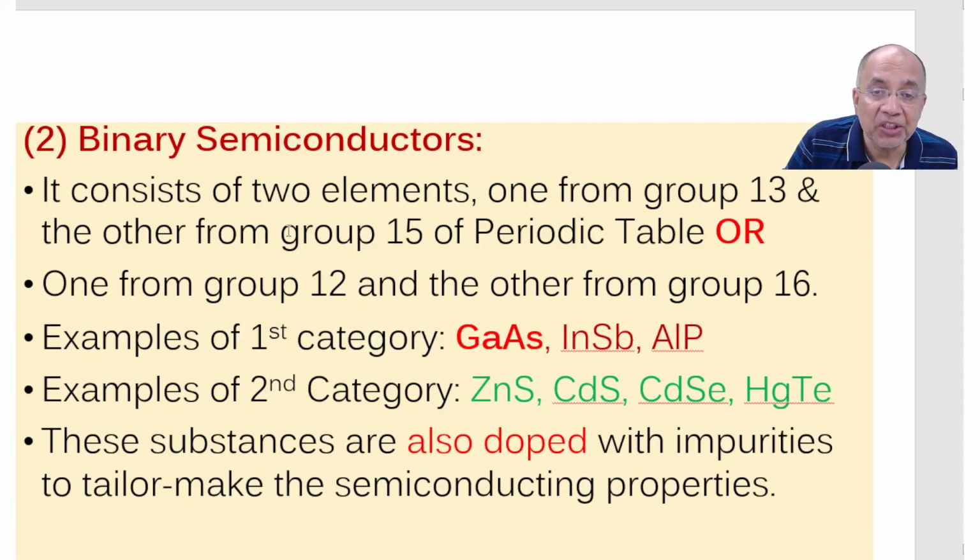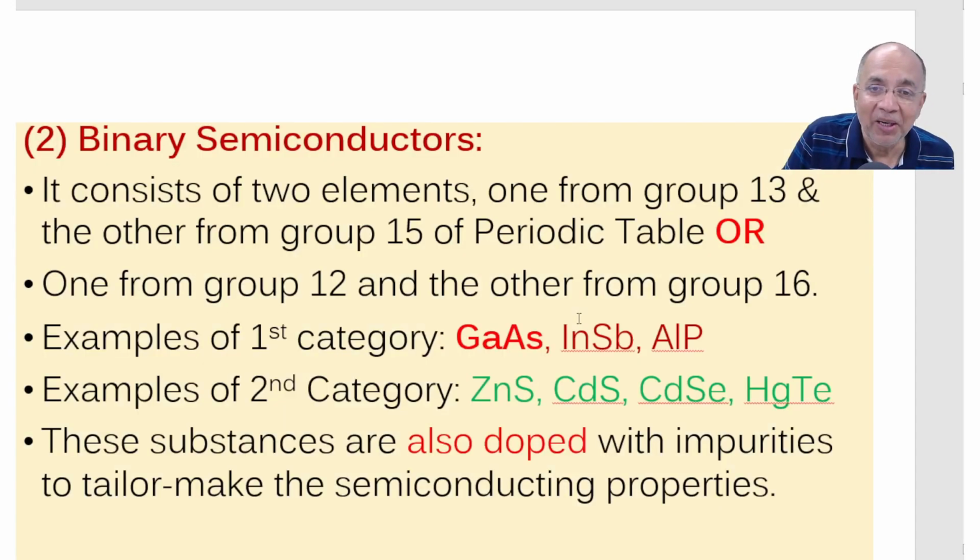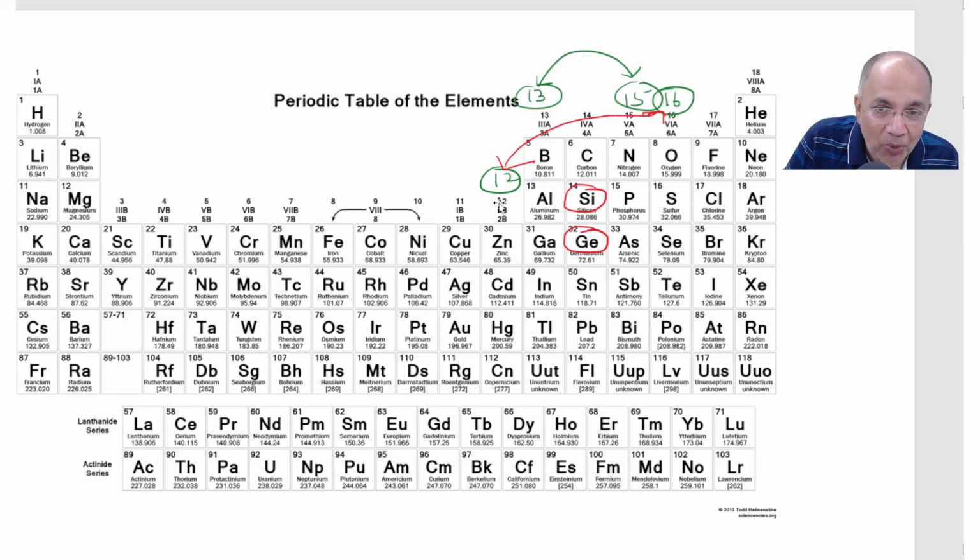So binary compounds like gallium arsenide, indium antimonide, aluminum phosphide, this is one category. And the other category is made by making a compound, not mixing. I'm not talking of doping. I'm making a compound between a group 12 element, zinc, cadmium, mercury, and another element from group 16.